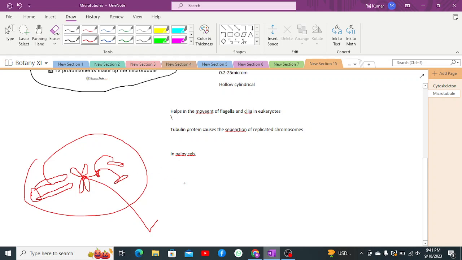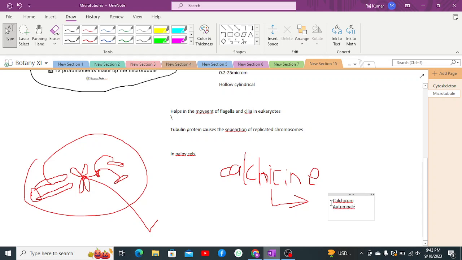Now, in both of the cases, there's also a chemical known as colchicine, which is a chemical which inhibits the growth of spindle fibers, and that is derived from a plant known as Colchicum autumnale, which belongs to the family Liliaceae.